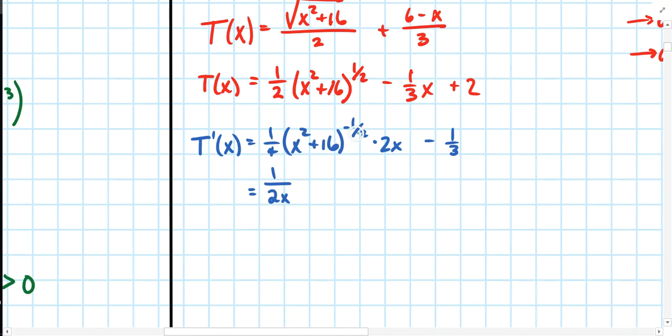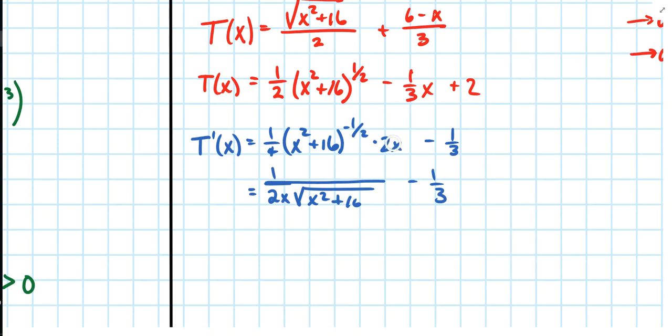And I recognize that this negative power pushes this group back to the denominator, and it returns back to a radical form again. So I'm just going to write this as the square root of x squared plus 16 in the denominator. And we still have minus 1/3 on the outside.